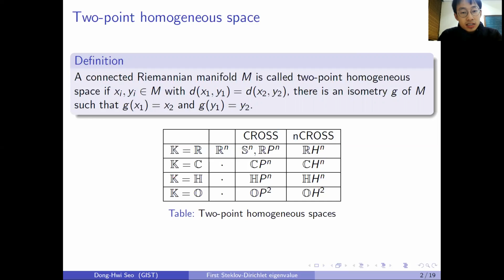One interesting feature of two-point homogeneous space is that if you consider 3 points in a two-point homogeneous space, then the triangle satisfies trigonometric laws.